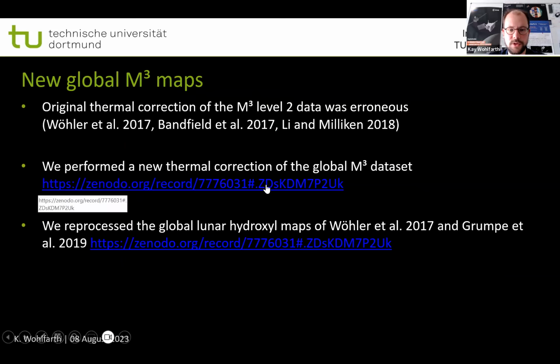This is found on Zenodo, so I uploaded it. Whoever is interested in working with it, that's the Zenodo link, and I reprocessed the maps from 2017 to 2019. They slightly underestimated the roughness, but now I'm pretty confident that it must be around 20 degrees for the M-cube geometry and the M-cube wavelength region.